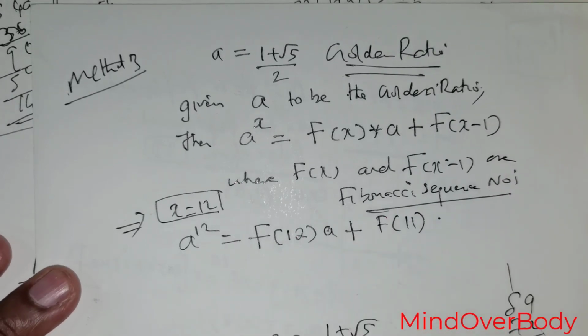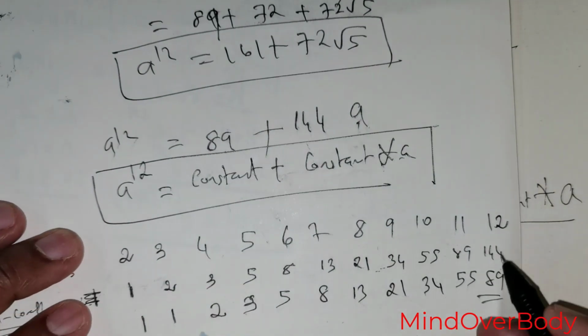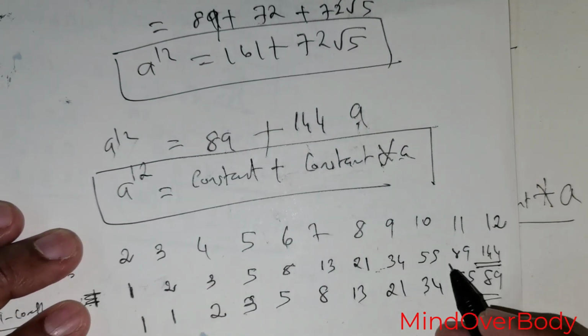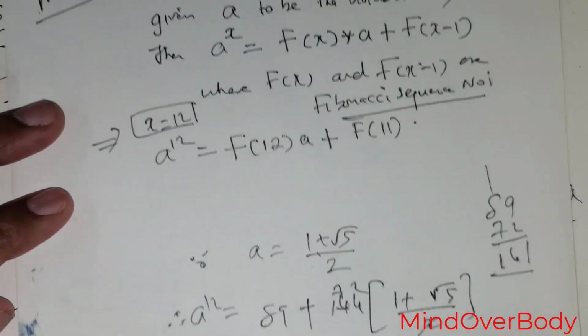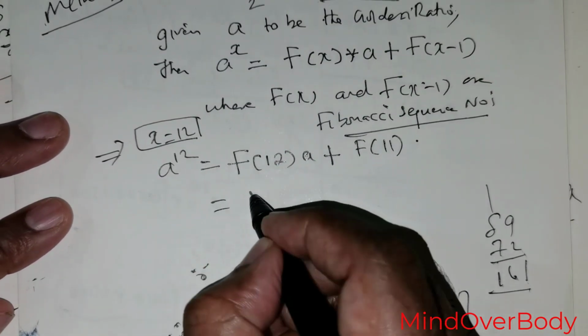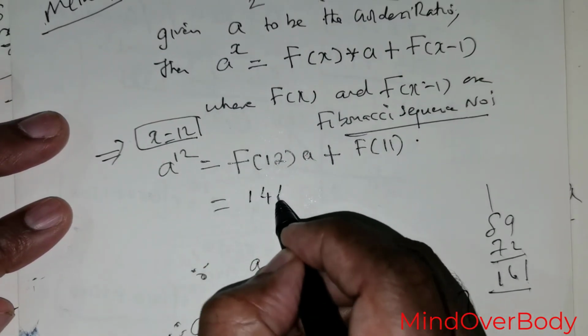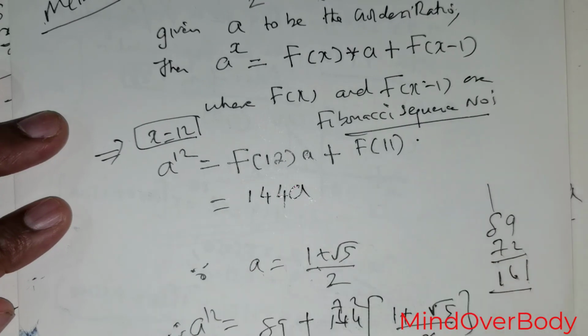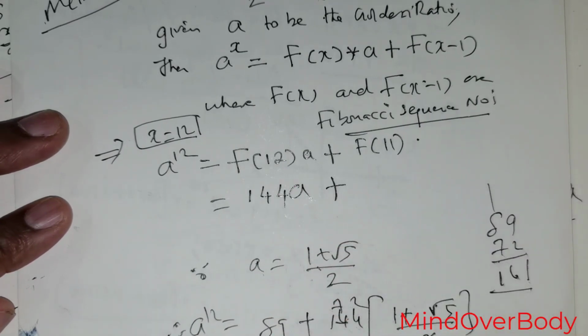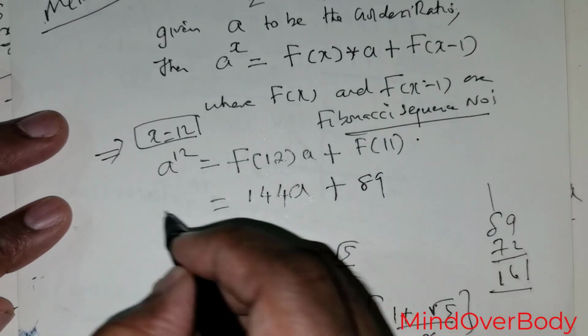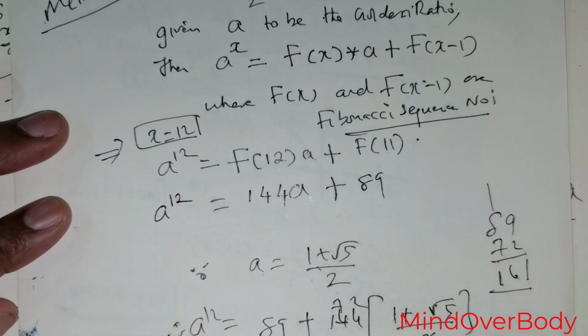Now what is f of 12? Just go and check it out. f of 12 is 144, f of 11 is 89. So this is going to be f of 12, which is 144, times a plus f of 11, which is 89, which is equal to a raised to the power 12.